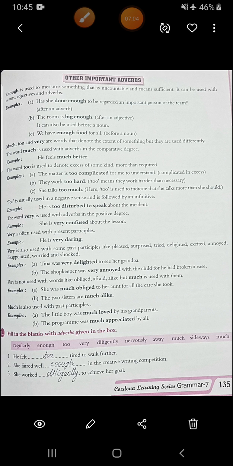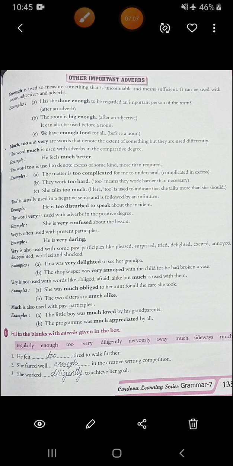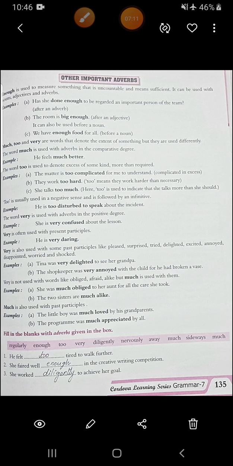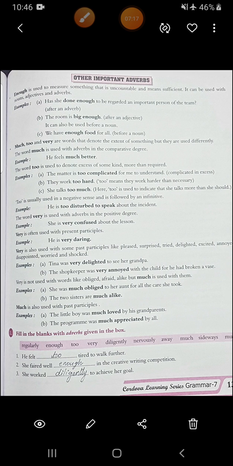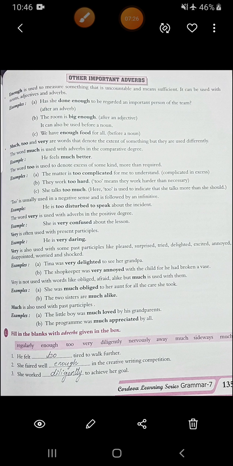Very is often used with present participle. He is very daring. Then very is also used with some past participles like pleased, surprised, tried, delighted, excited, annoyed, disappointed, worried, and shocked. So with these words also very is used, otherwise it is used with present participle.